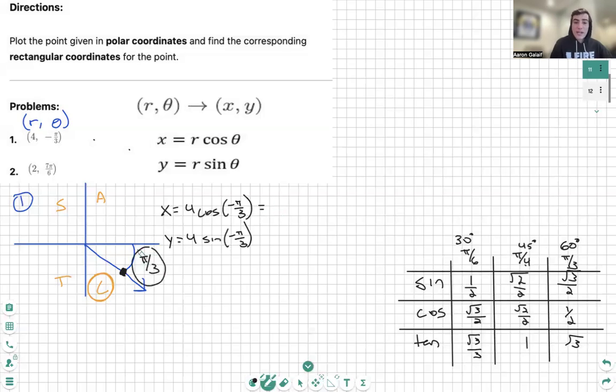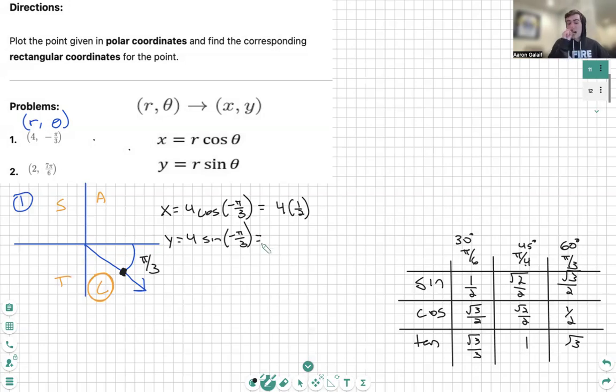We take the reference angle. We say the cosine of pi over 3 is 1 half based on our chart. And we have to apply the sign. All Students Take Calculus. So in the C quadrant, cosine is going to be positive. So this is going to be 4 times a positive 1 half.